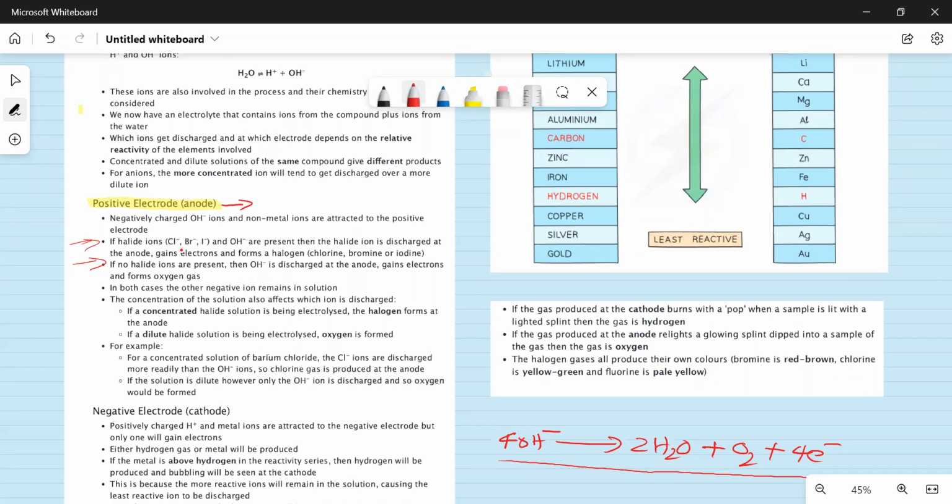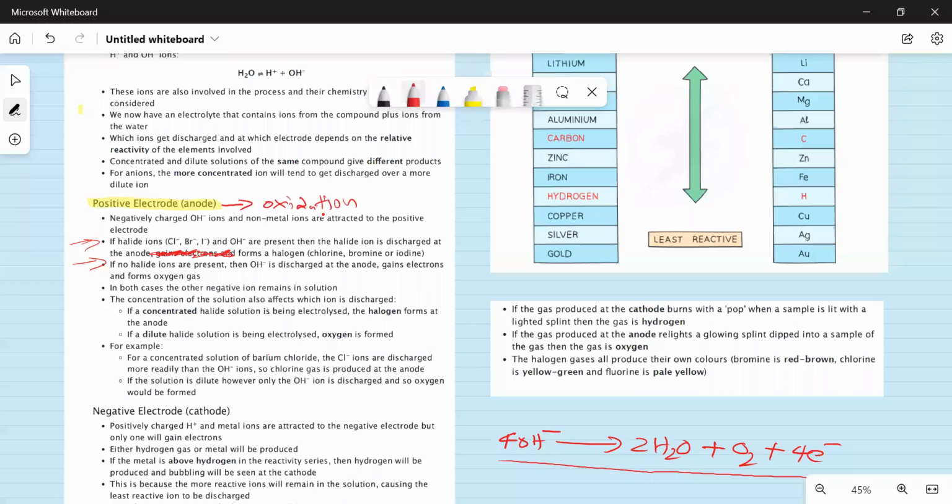That's what the point is mentioning. If it confuses you, just cut the words gain electrons here, because it makes you a little confused.